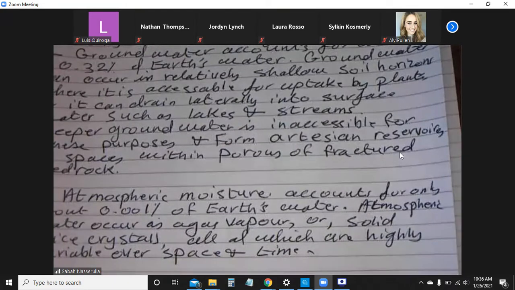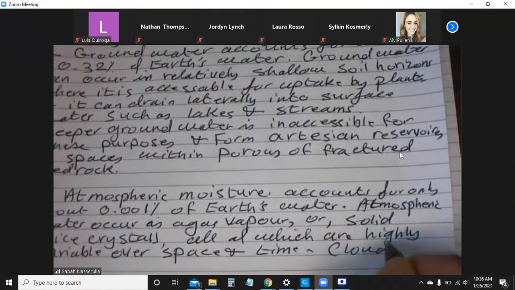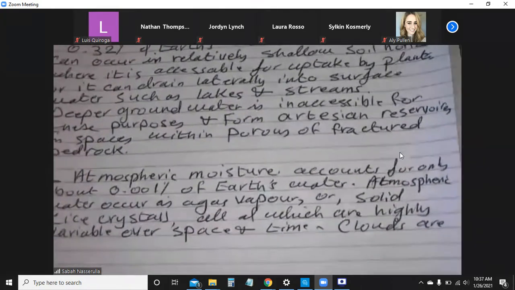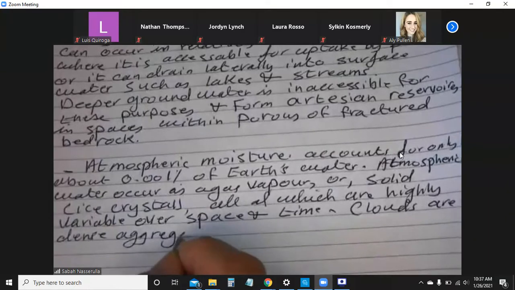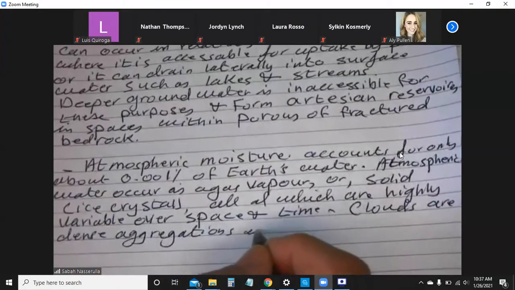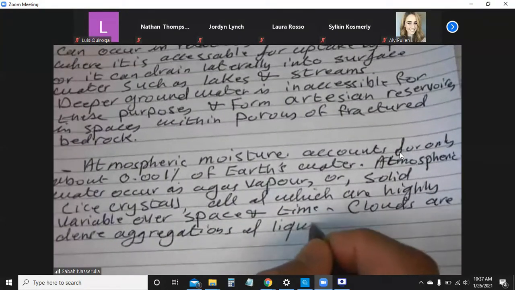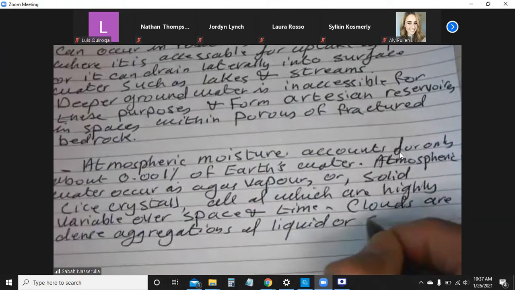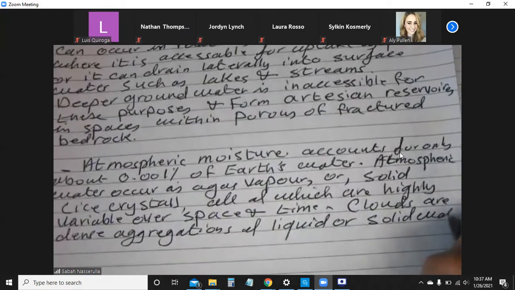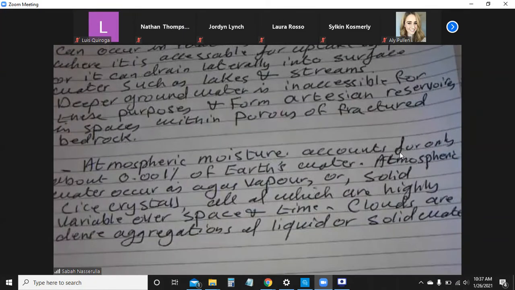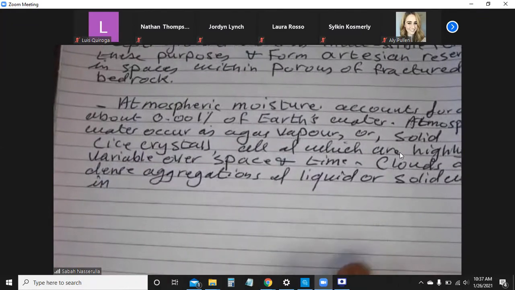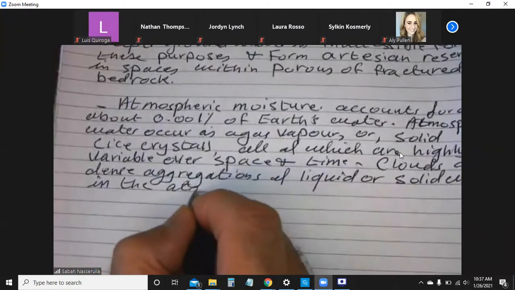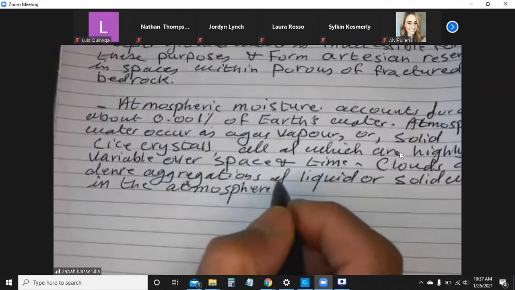Now we have the cloud. Clouds are considered dense aggregations of liquid or solid water in the atmosphere.